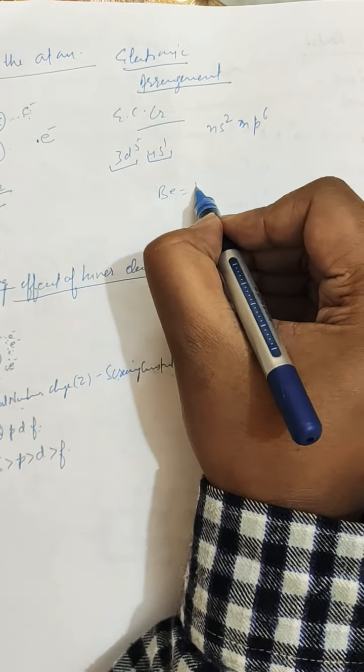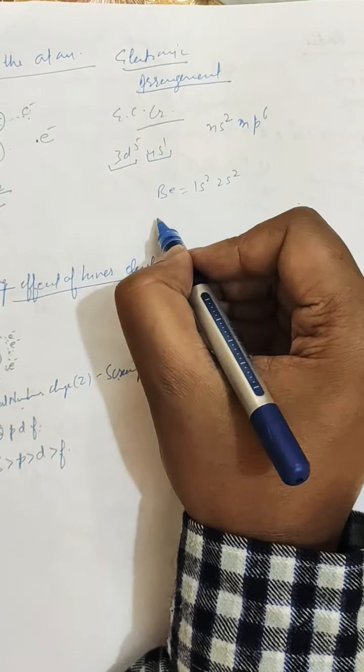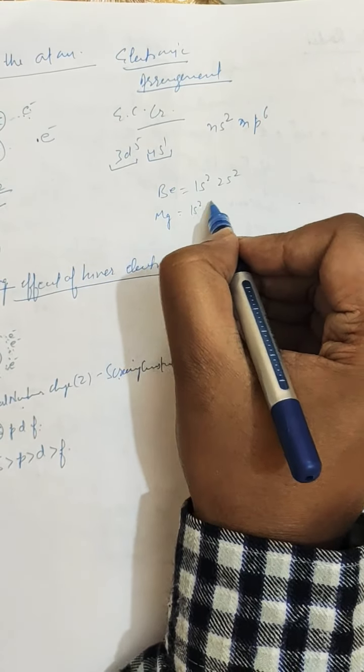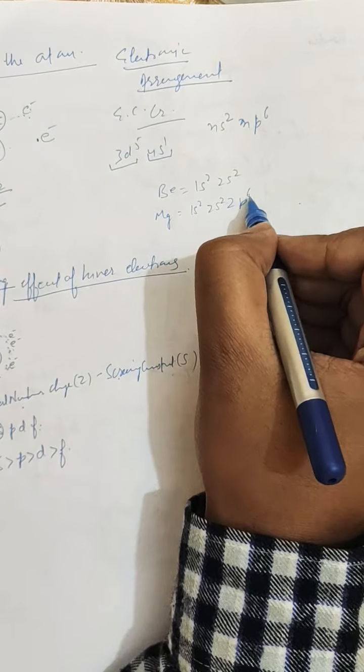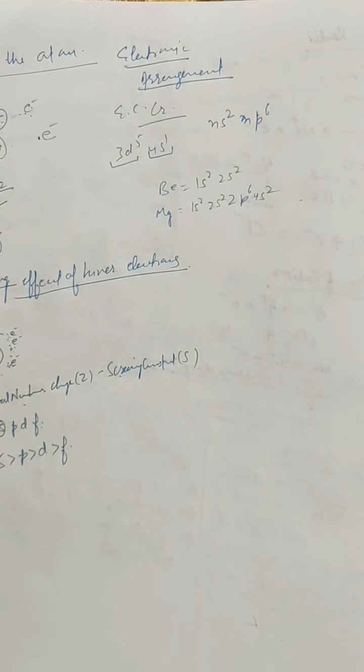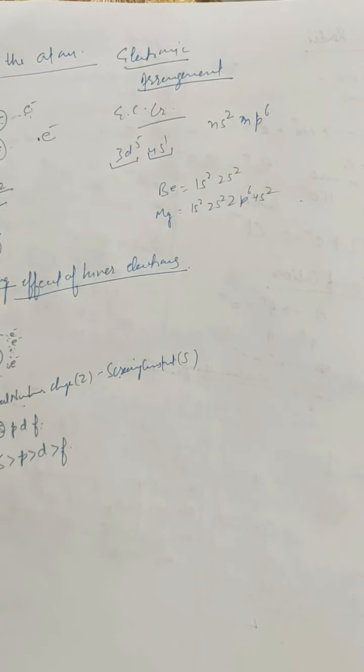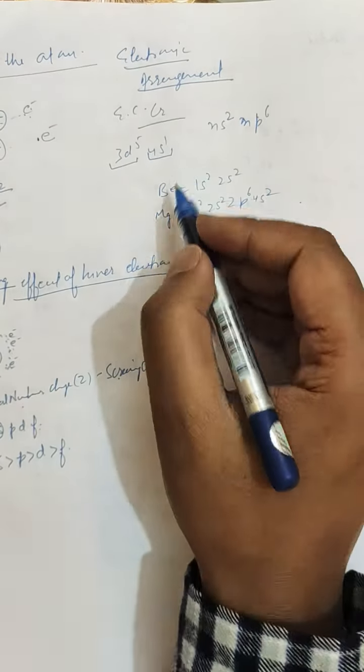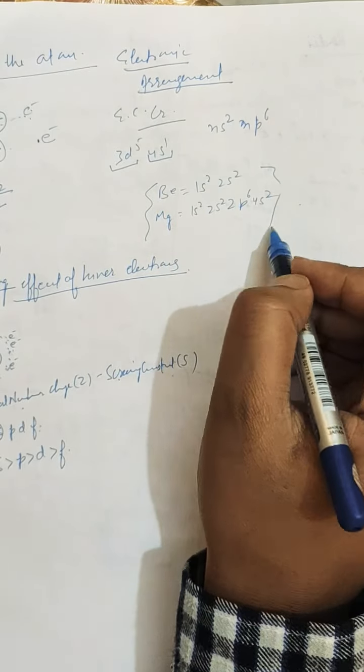Beryllium has electronic configuration 1s2, 2s2, whereas magnesium has 1s2, 2s2, 2p6, 3s2. Similarly, these stable electronic configurations result in higher ionization enthalpies.